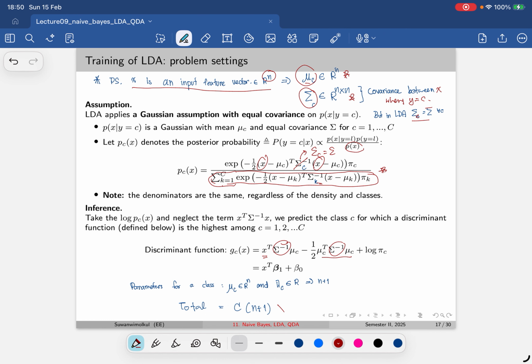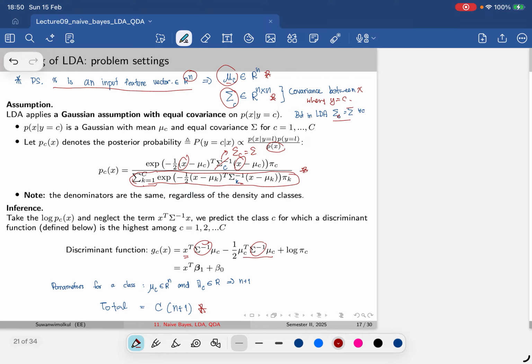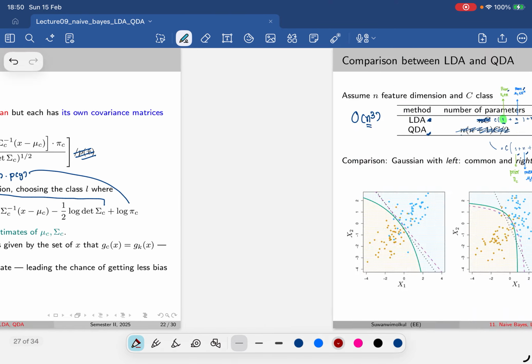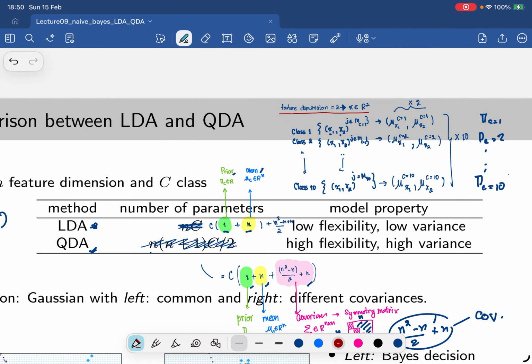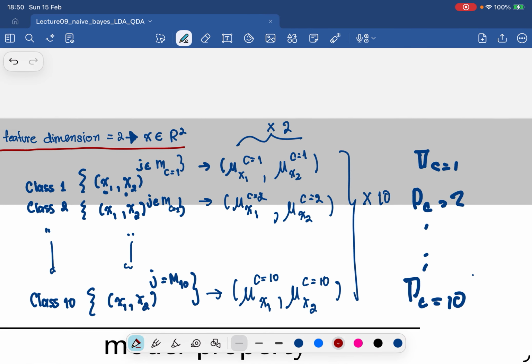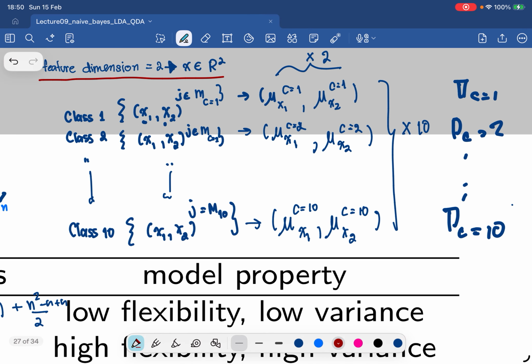Actually, I write it here, which is the number of parameters for LDA, but okay, let's go over it a little bit before we come back. In fact, when I first typed it, I kind of did it wrong, but let me explain how to count the number of parameters. So let's say there are 10 classes, 1, 2, up until 10, right? And our X is in Rn, where n equal to 2 for 2 dimensions. Then you have x1, x2, where y equal to c equal to 1, where y equal to 2, up until y equal to 10, right?